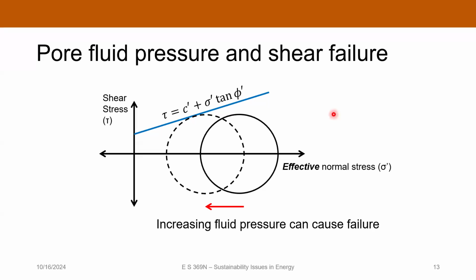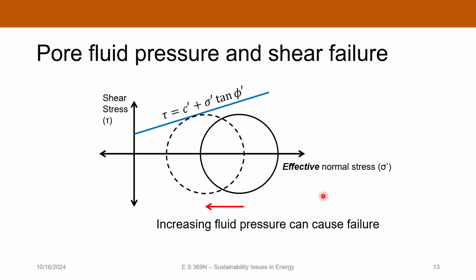Well, some of the water disposal wells are close to faults in the subsurface, which are presently inactive. But because they're pumping the water down so fast, it's driving the Mohr circle to the left. Eventually you get to the point where you intersect the failure envelope and the fault slips, and that creates an earthquake.